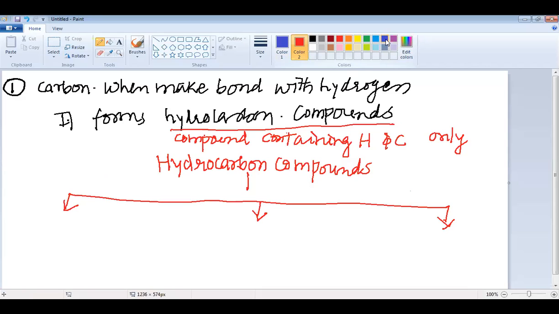The first class of hydrocarbon compound is known as alkane. The second class is known as alkene. The third class is known as alkyne.